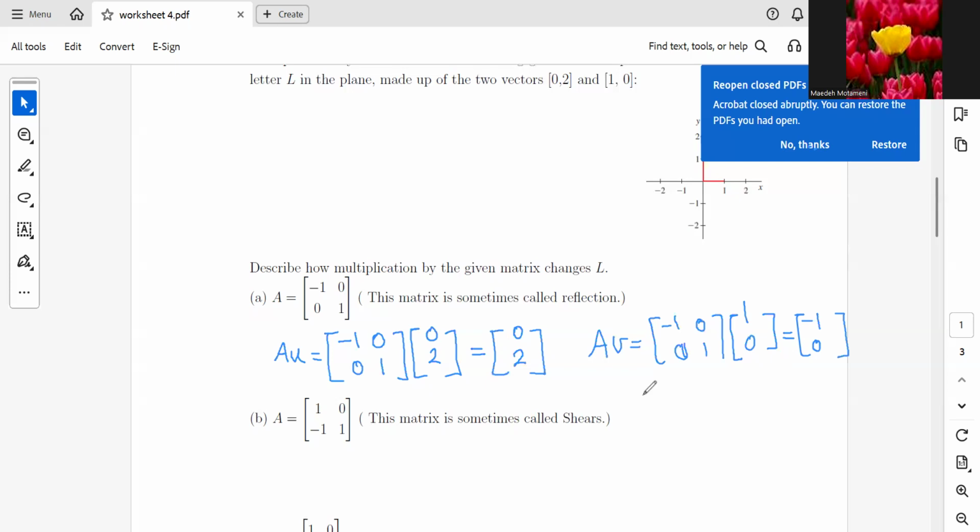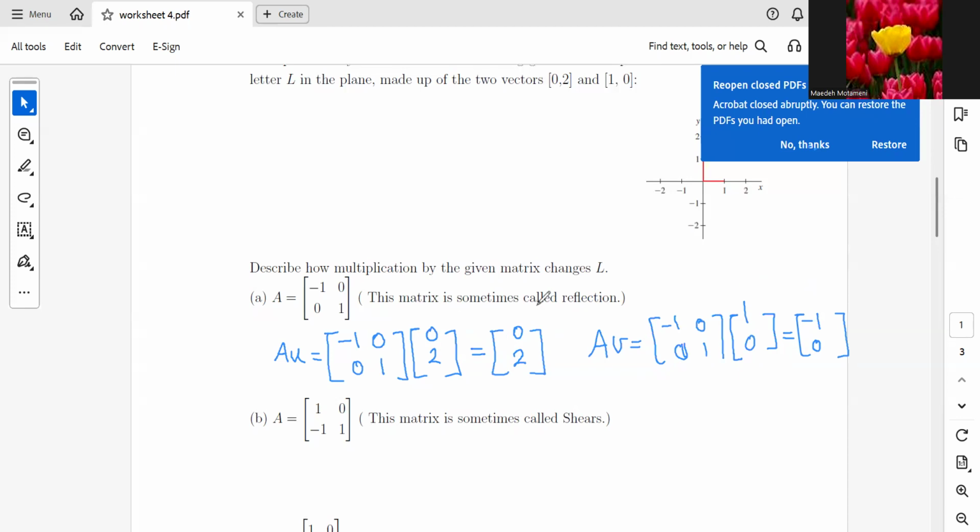If you pay more attention, we would see that the y component, 2 for the first one and 0 for the second one, doesn't change, and it remains the same. But the x component changes, and in here, that would be the opposite of the original one. So for the first one, it was 0 and it remains 0, but for the second one, it was 1 here and it became negative 1.